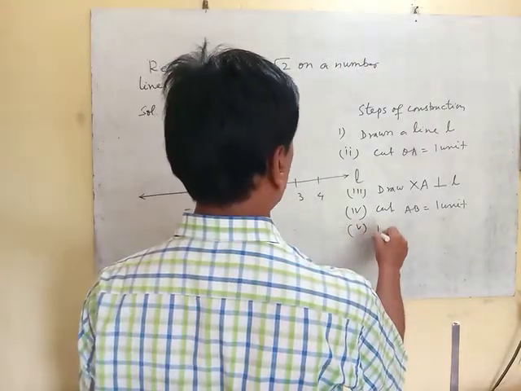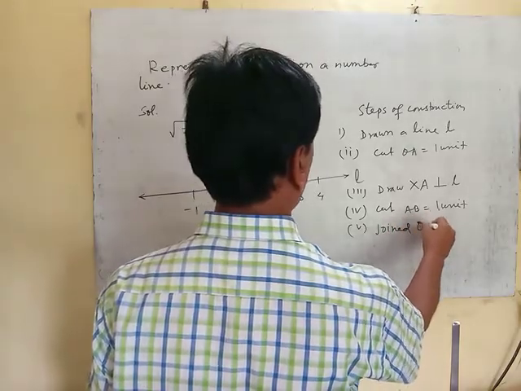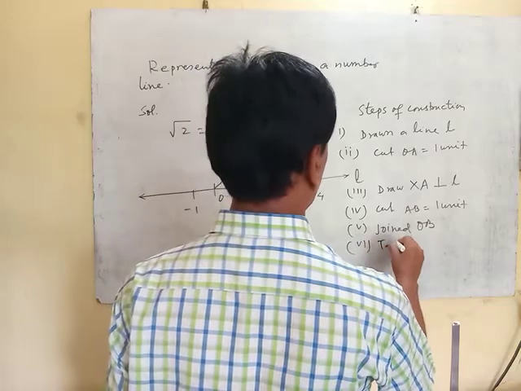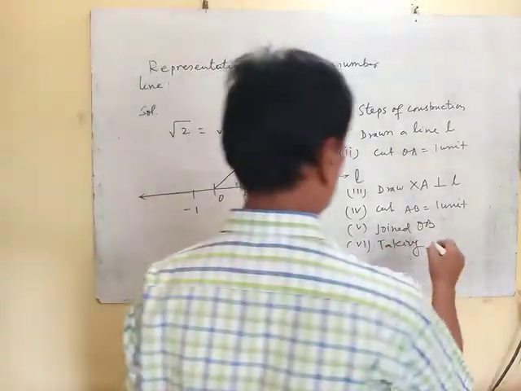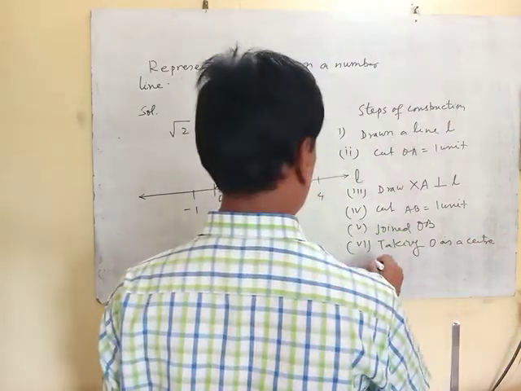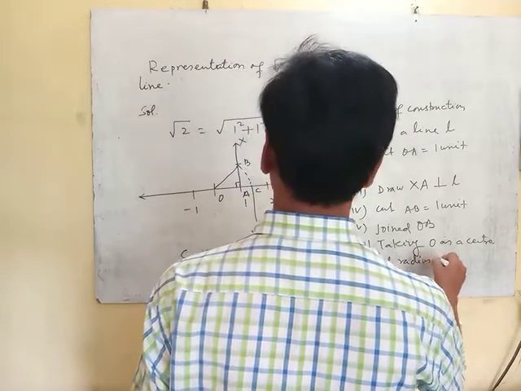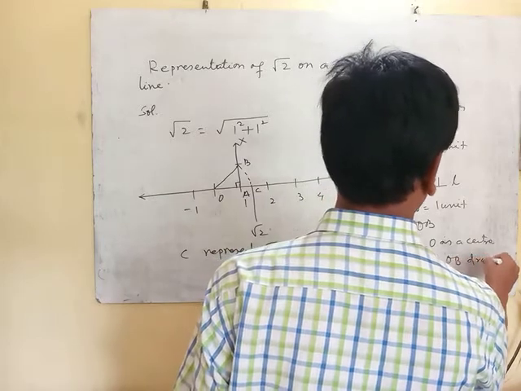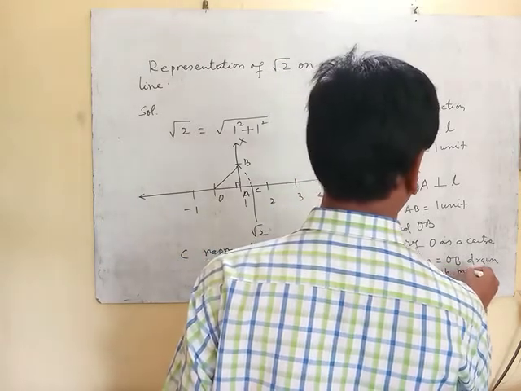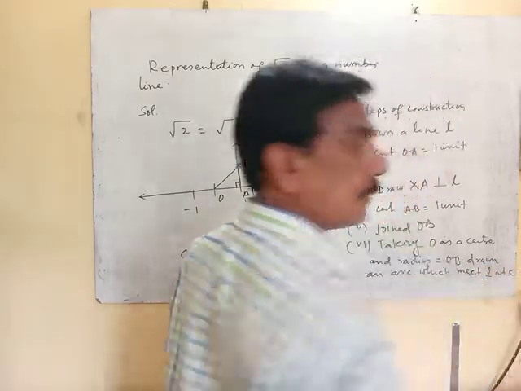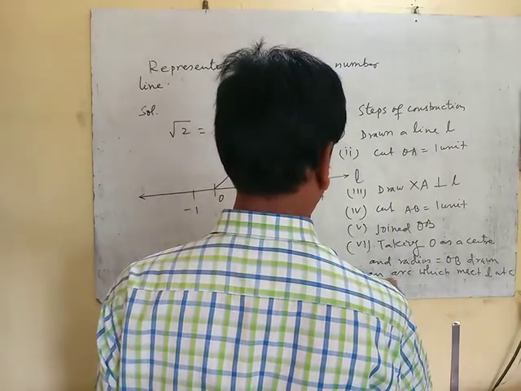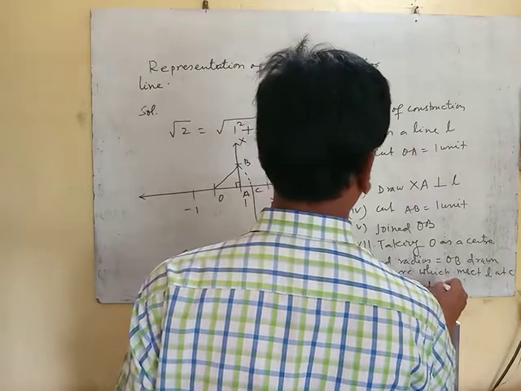Now 5: join OB. Now 6: taking O as a center and radius equal to OB, draw an arc which meets L at C. Now C represents root 2.